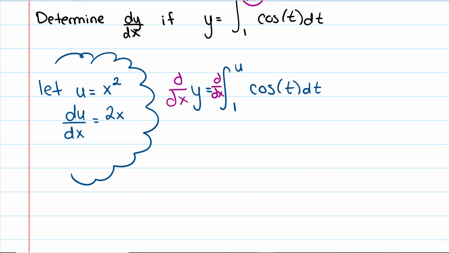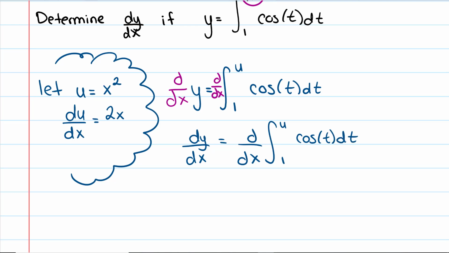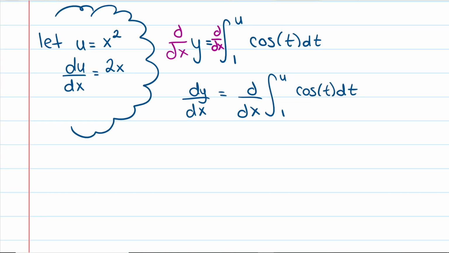I take d/dx of both sides, and I get dy/dx is equal to d/dx of the integral from 1 to u of cosine of t dt. And so now we're going to take the derivative. So we get dy/dx is equal to cosine of u times the derivative of u with respect to x.